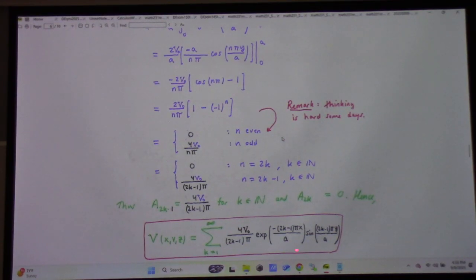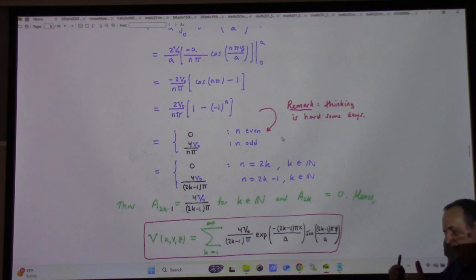Put it all together, there is your grand, glorious solution in the case that we have the voltage held constant at that end part. All right, so we have that the end cap is a constant voltage, and then you've got 0 volts on the top, 0 volts on the bottom.